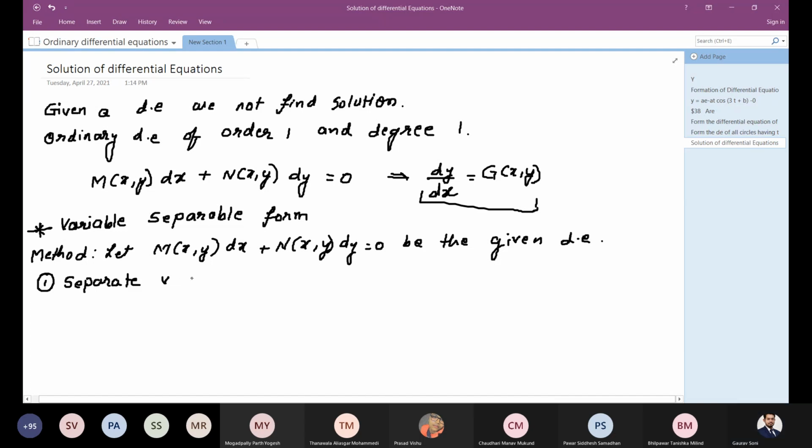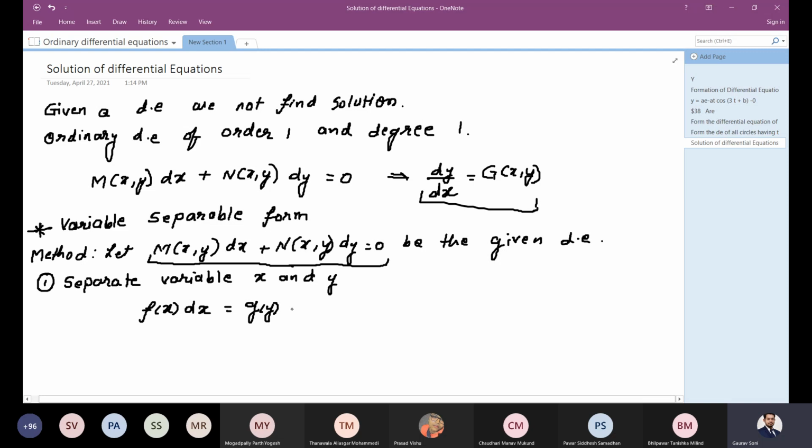When you separate the variables, this differential equation will be converted to the form f of x dx is equal to g of y dy. If this is possible, then and only then can you go for the variable separable form. This form is called variable separable form.